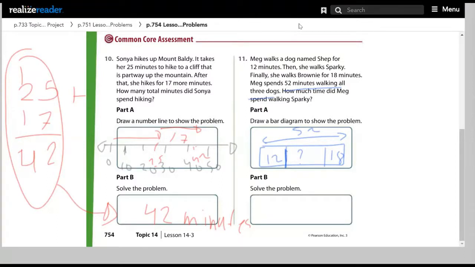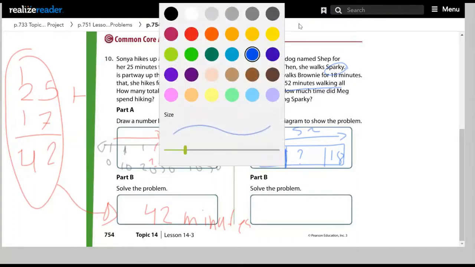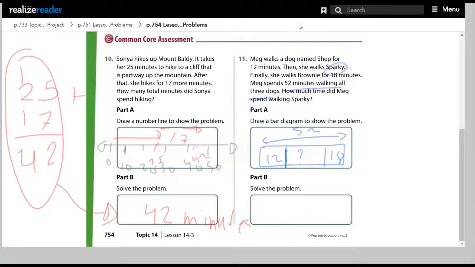Solve the problem now. To know how many minutes she walked Sparky, which is the second dog, what should we do? First, we have 2 steps here. We will add, let's change the color to make it clear for you. We will add the 12 with the 18, then we will subtract it from 52. So 12 plus 18, 8 plus 2 equals 10.